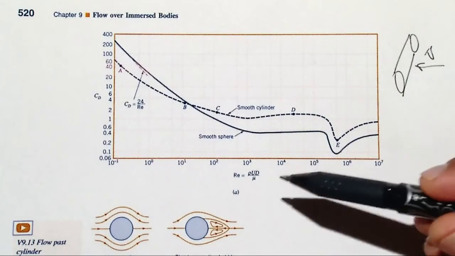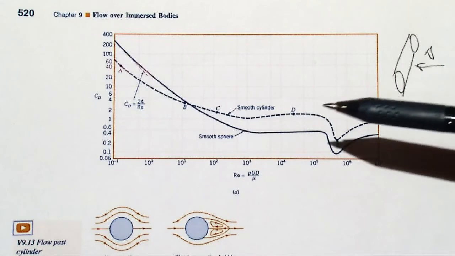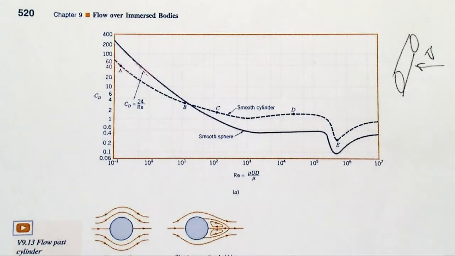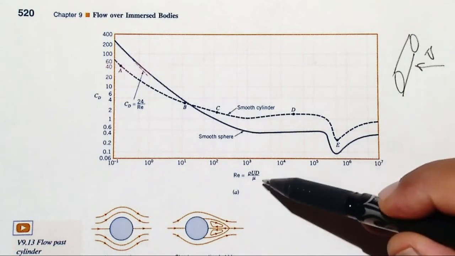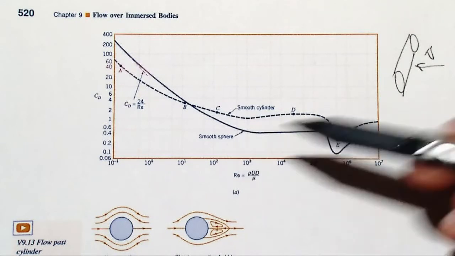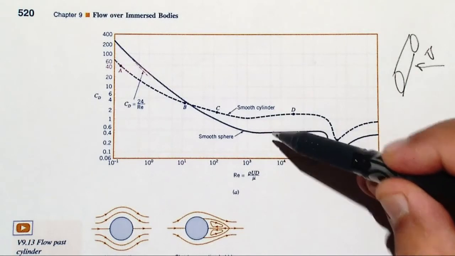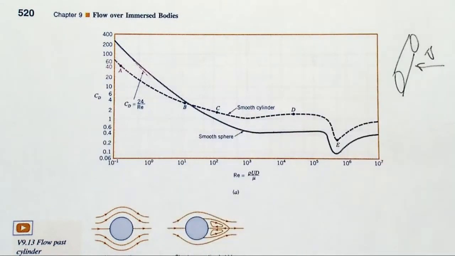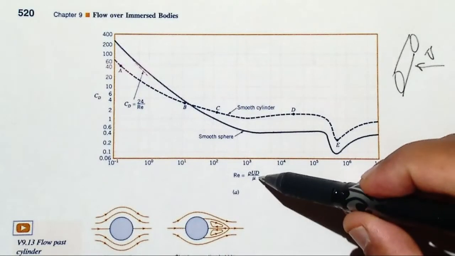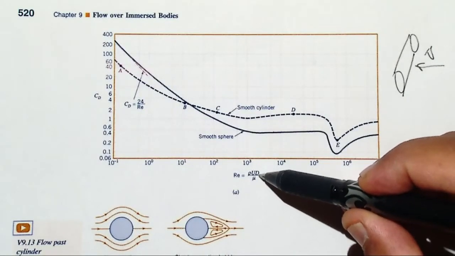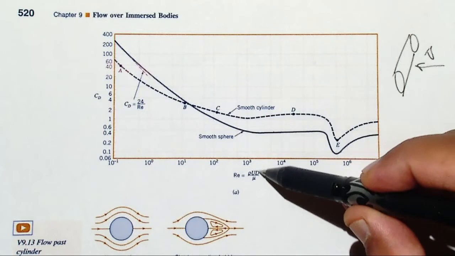For the drag coefficient, absolutely you will have another plot for the lift coefficient. But for now, if you find the Reynolds number over the smooth sphere, then you can read the drag coefficient from the plot, because the Reynolds number is non-dimensionalized. So the diameter of a sphere or cylinder is part of it.